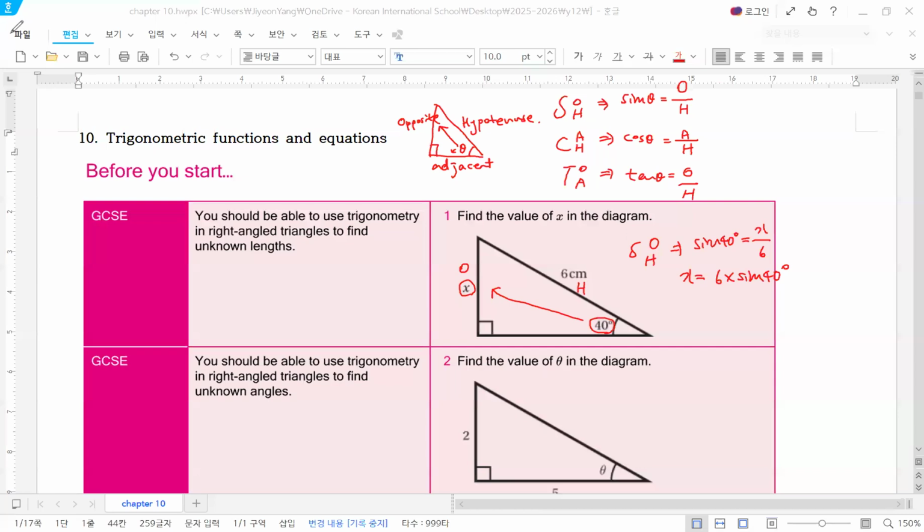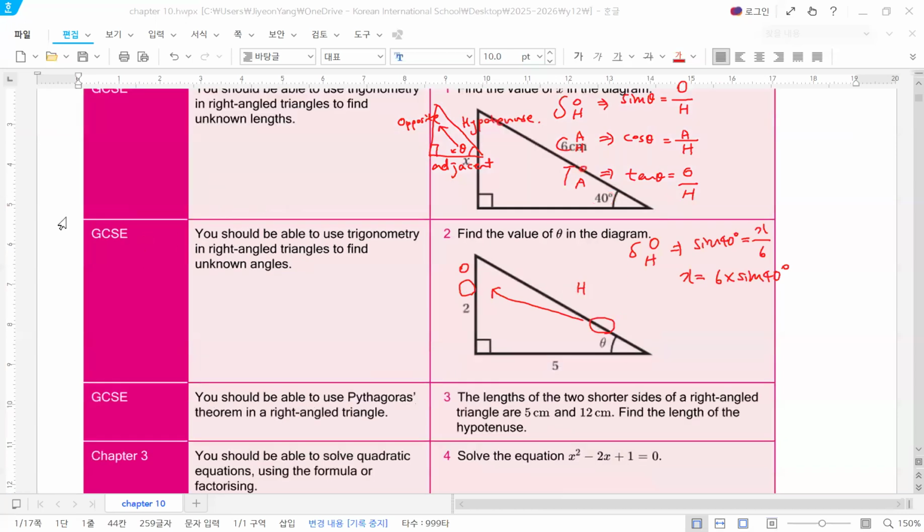And the second question is, find the value of theta in the diagram. Okay. So what is given is two sides, and you need to find the angle by using it. From this angle, this one, 2, is opposite, this one, 5, is adjacent. So O and A are given.